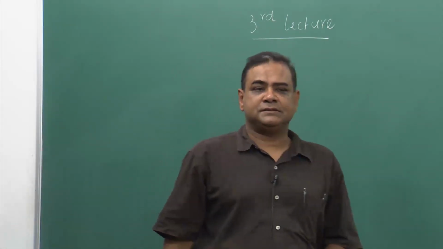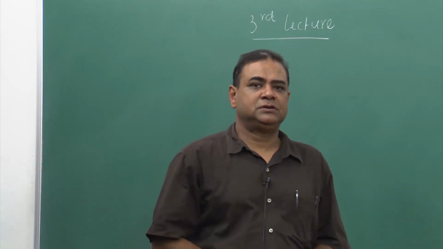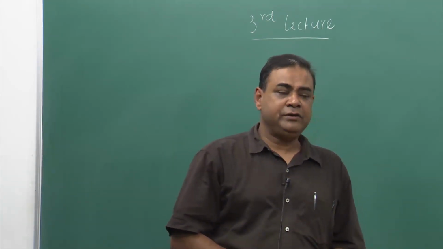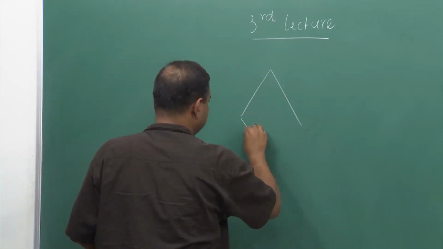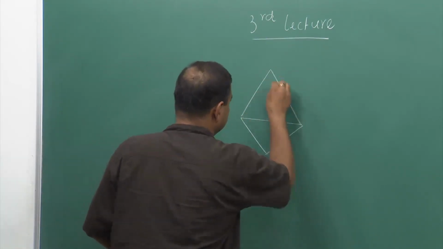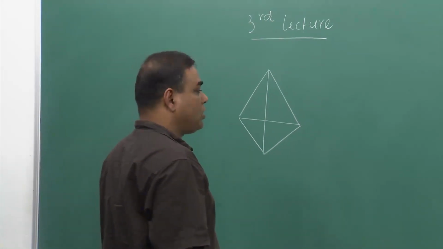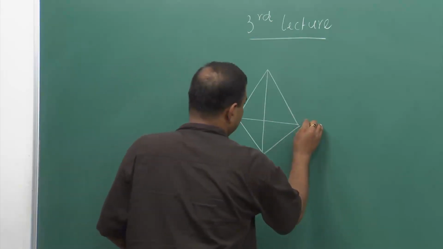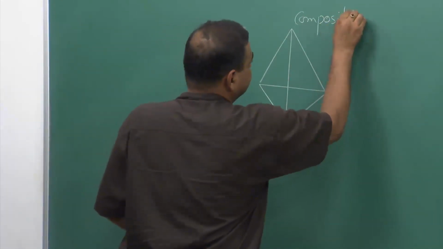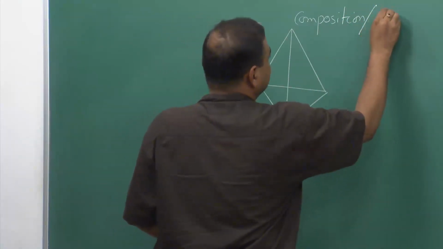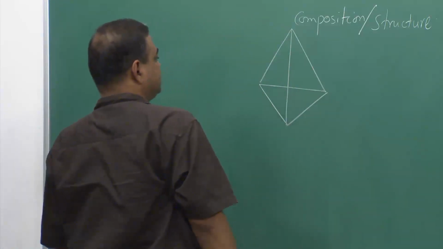And in the last two lectures, we have talked about a material tetrahedron, and in that material tetrahedron, we have seen that it has four broad sections. One is composition or structure.